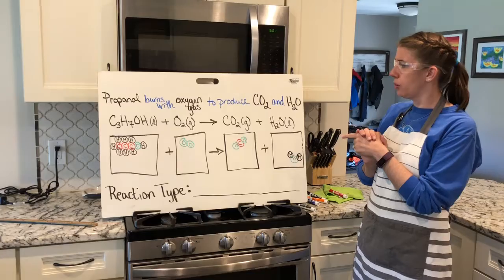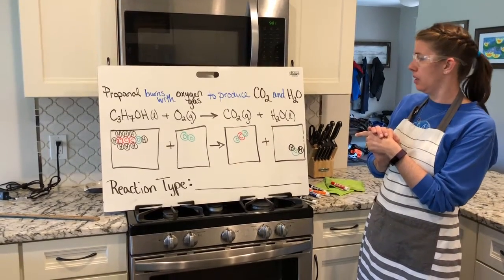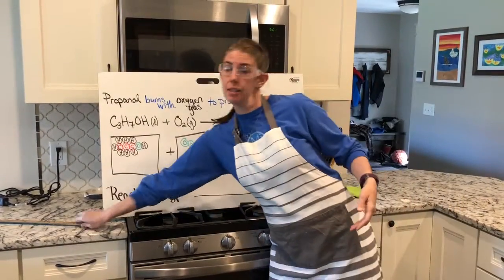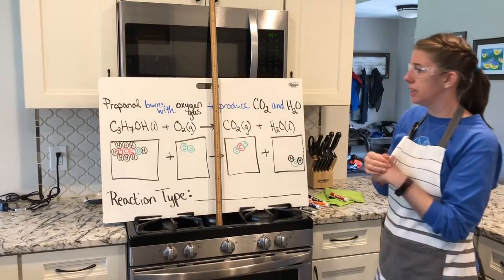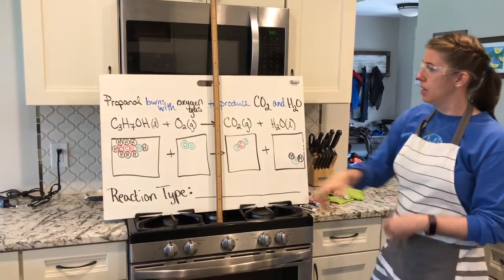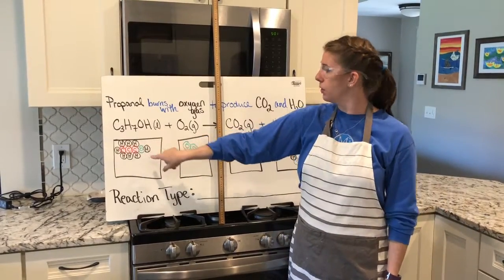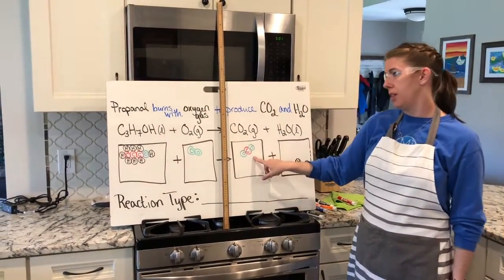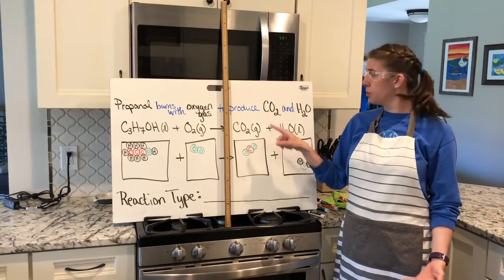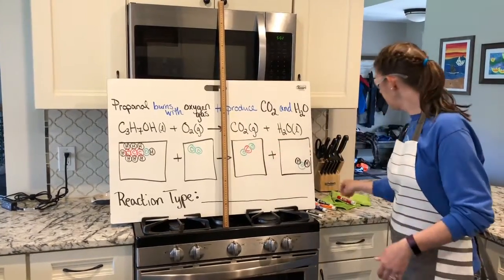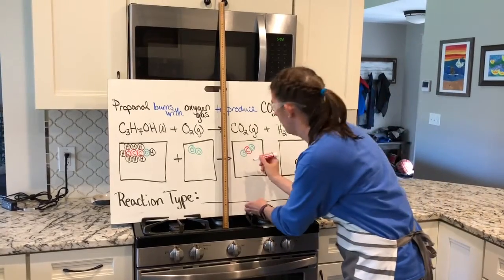But let's take a look right away. As we're trying to balance this equation, the red color really stands out to me, that I have 3 carbons over here and I only have 1 over on this side. So if you were thinking, well, we're going to need 3 carbon dioxides, I agree. So let's draw in 3 carbon dioxides.